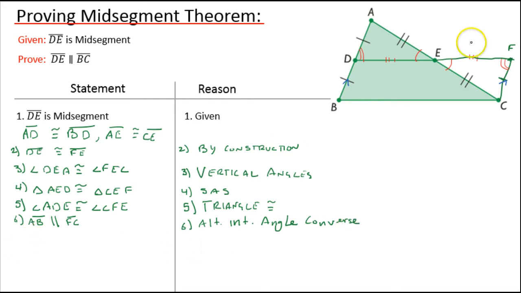So there we go. We got our first pair of parallel lines. Now we've pretty much shown everything congruent that we can at this point. So what we're going to do now is construct another line. I'm going to construct DC. That's pretty off, so I'm going to try that again.